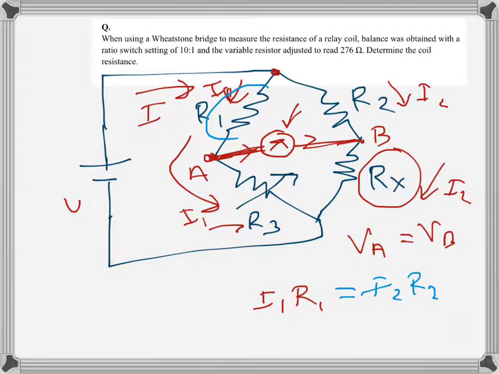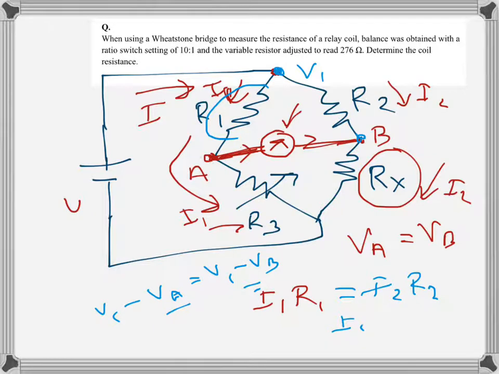Whatever voltage was here, it is the same voltage for both branches, because it's the same point, and that one minus this one will be equal to that one minus this one. If that was V1, then V1 minus VA will be equal to V1 minus VB, because VA is equal to VB. So that means I1 times R1 will be equal to I2 times R2.